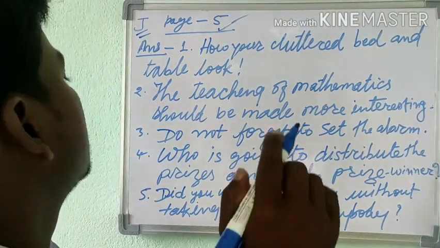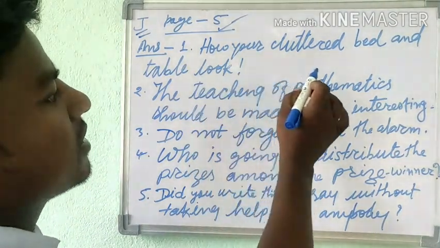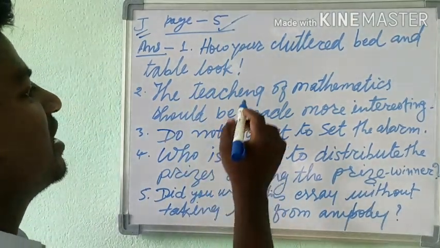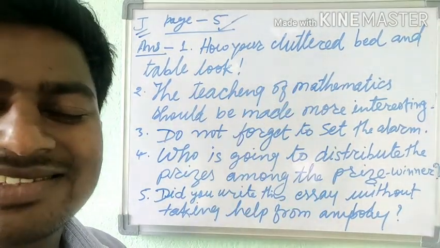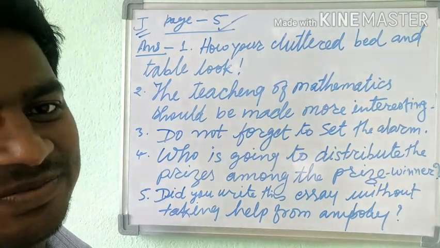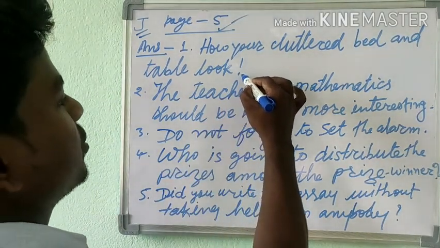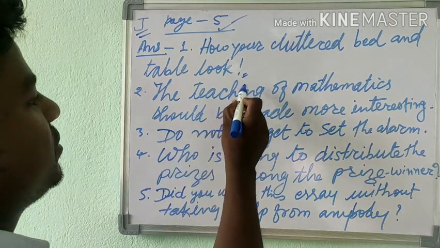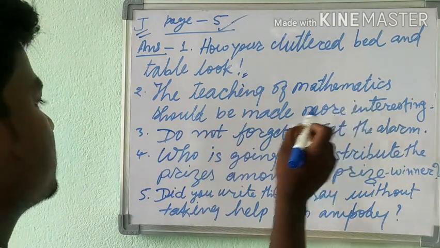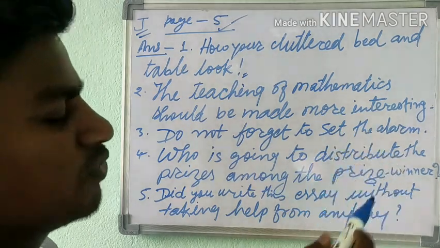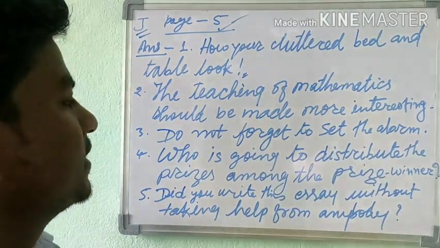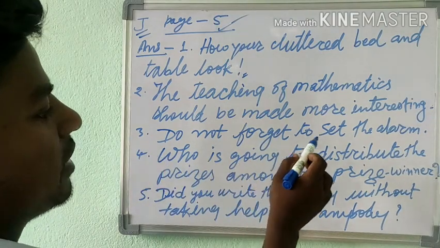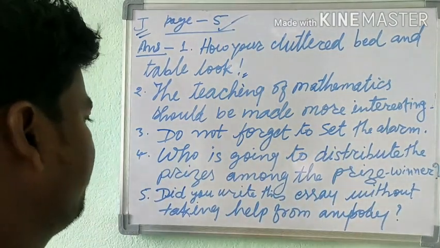Okay, good. The first one is, how your cluttered bed and table look. So this is a kind of exclamatory sentence, and we have the exclamation mark here. Good. The second one is, the teaching of mathematics should be made more interesting. Okay, good. The third one is, do not forget to set the alarm.